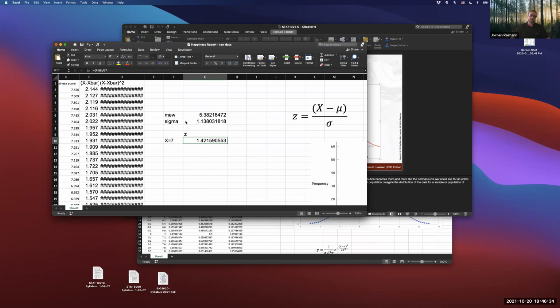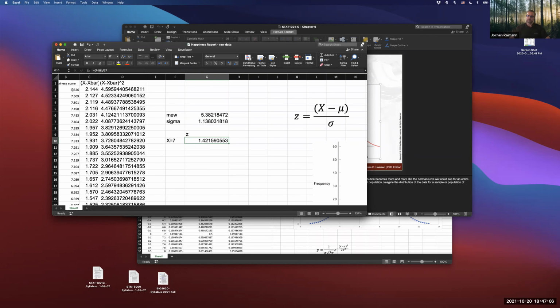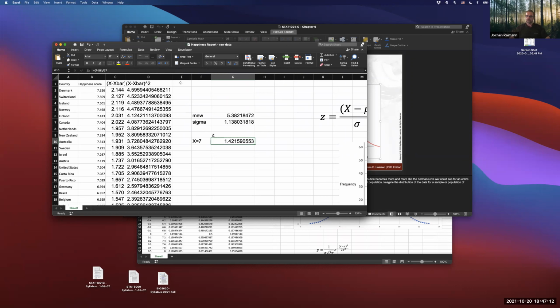And that's powerful knowledge, because essentially you know now that you can characterize every single point with your mean and your standard deviation, and you are transforming your individual score and reducing the dimensions that you actually need to only needing to know the mean, the sigma, and the z-score. Because each individual happiness score here will have a corresponding z-score.